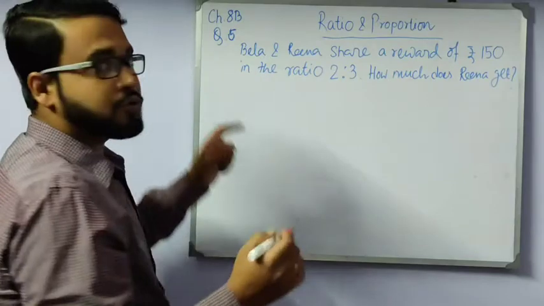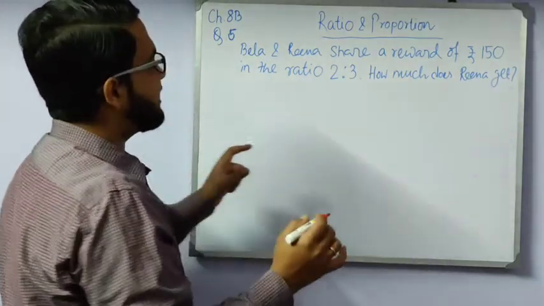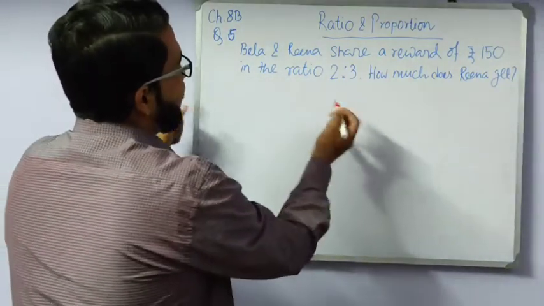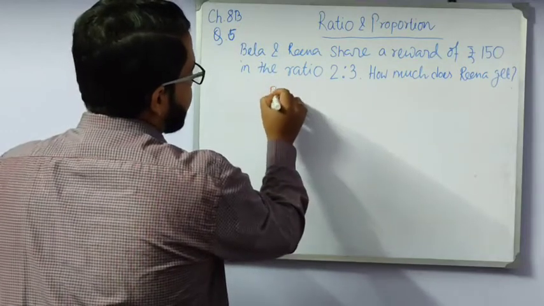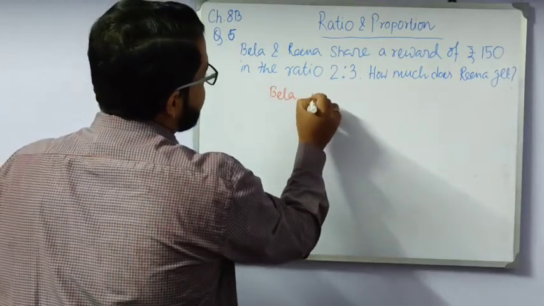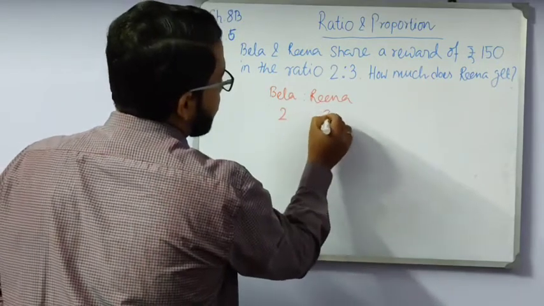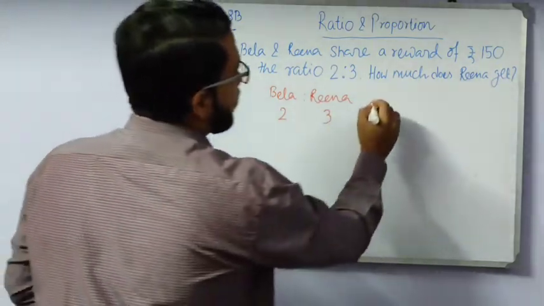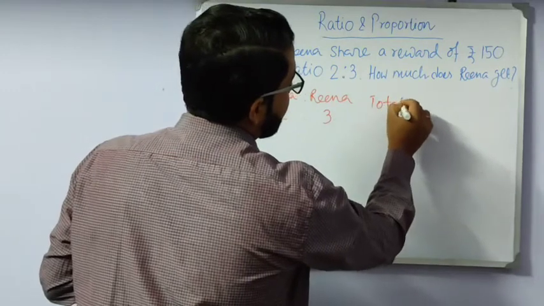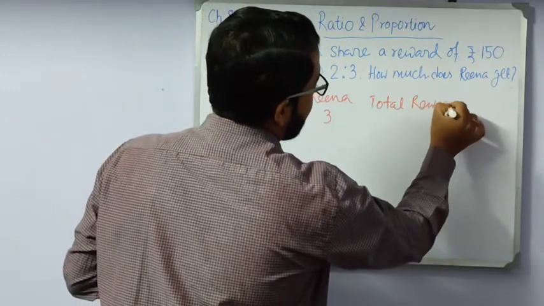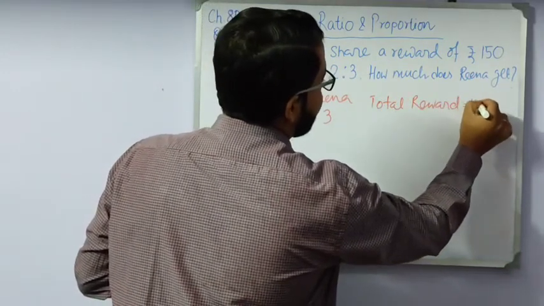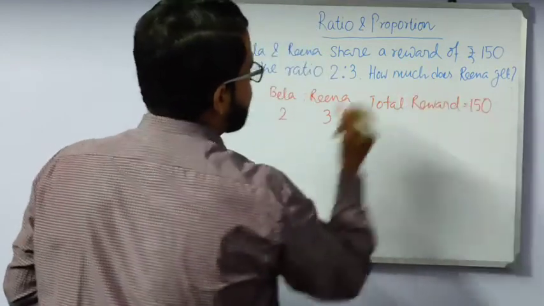So in your question paper you have to write first the statement that Bella is to Reena is 2:3. Here also maintain the sequence. Total reward is equal to 150. Now how much does Reena get?